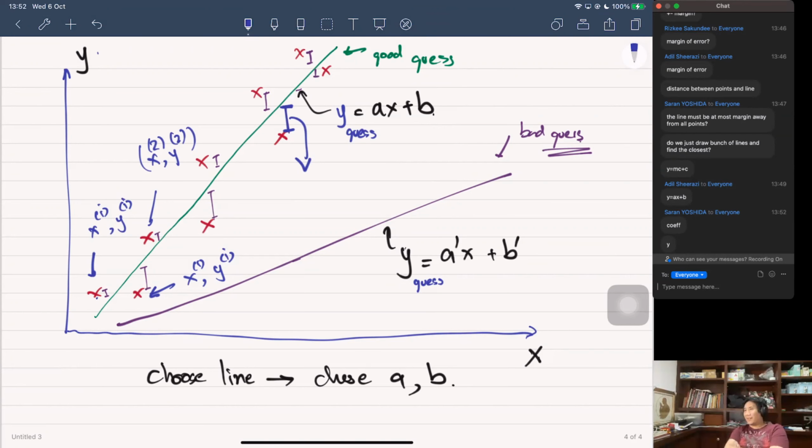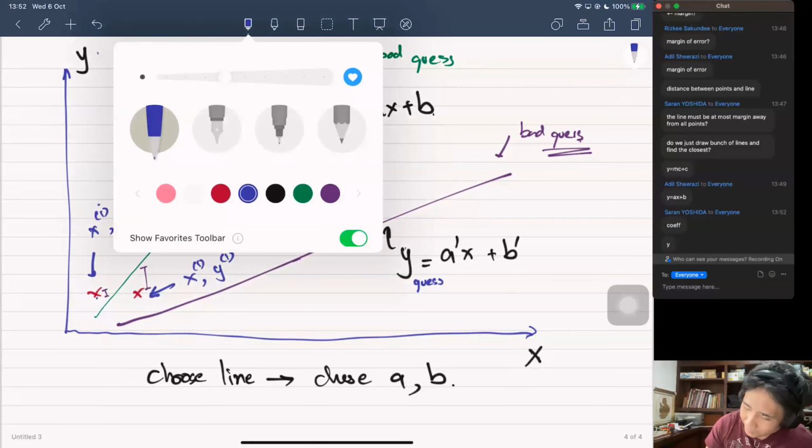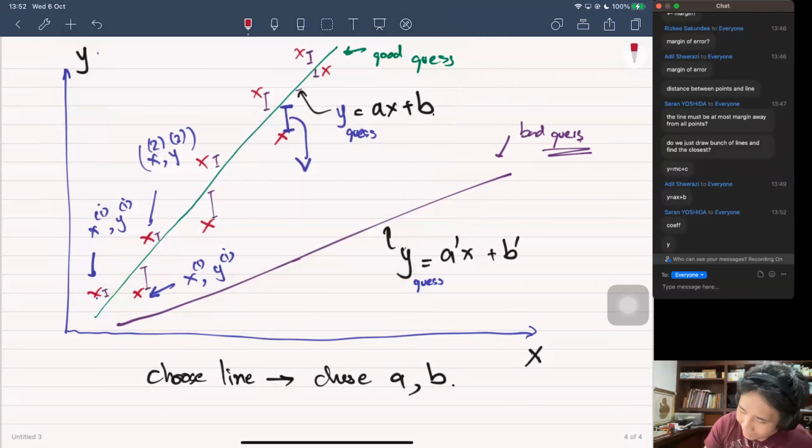We are not picking any y; we are picking y at a very particular point to compare. What should I put there? What is it equal to?